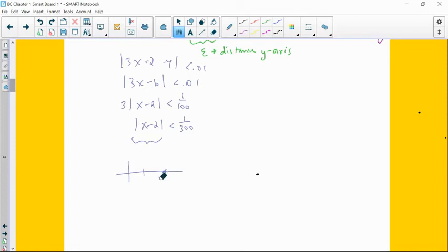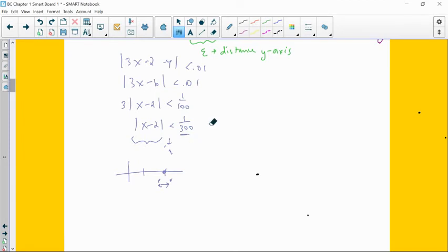As long as you are within 1/300th on either side, as you get close enough to that x value, your y values will converge to 4. So if you want to be 1/100th away on the y-axis, you just need to be 1/300th away on the x-axis for that to work.